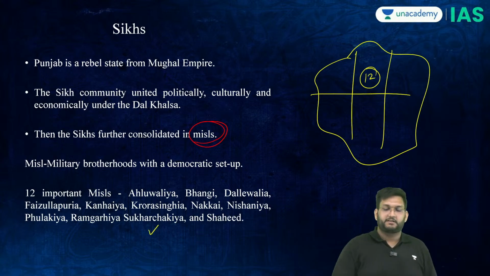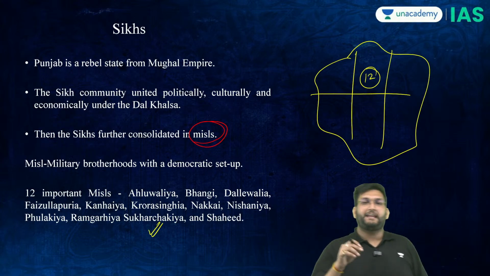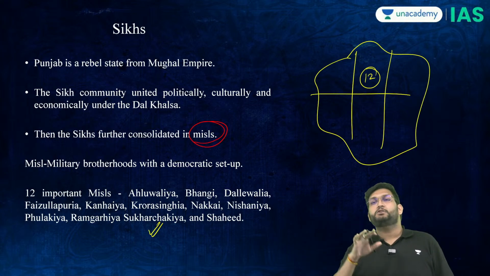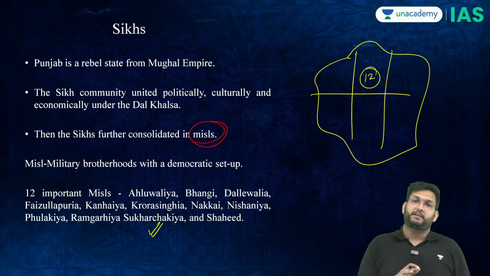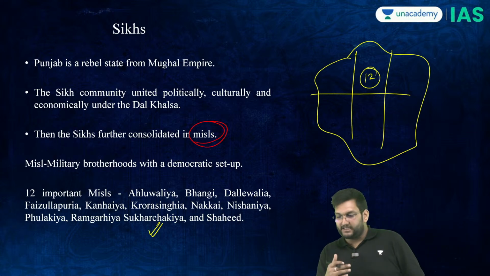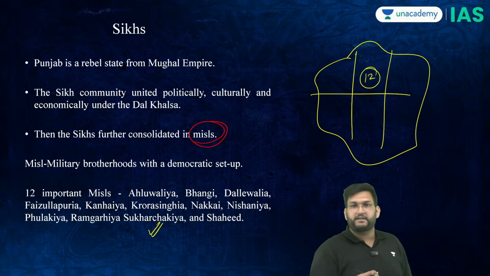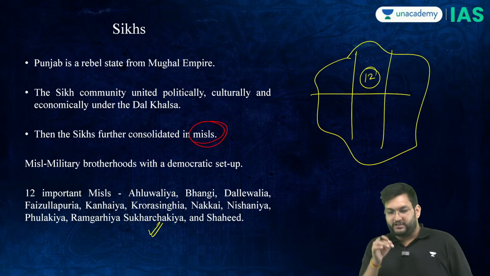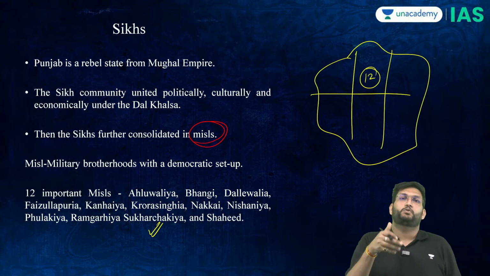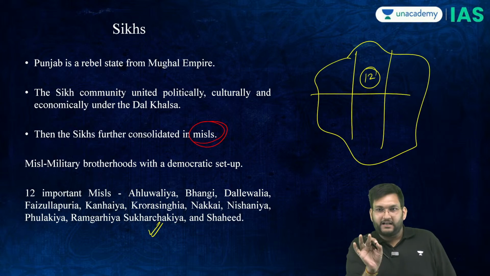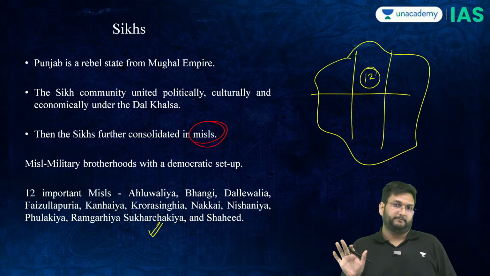The 12 misls together were able to then divide power amongst them. But this was not good for the Sikh political space, because this in turn leads to infighting. This also leads to a lot of internal conflict. And therefore, the Sikhs now start to evolve an internal conflict. Internal conflict is not good for any state.